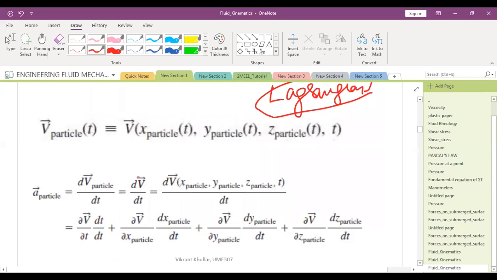And we know that velocity itself is a function of x coordinate, y coordinate, z coordinate at a given time, and it is also a function of time itself.